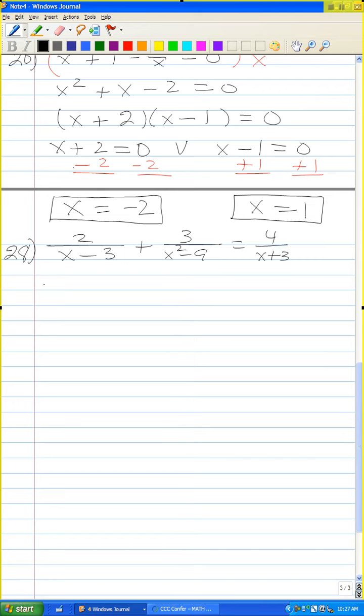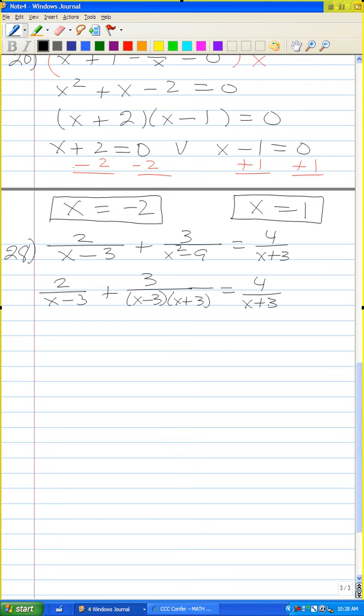Let me factor. I can write x squared minus 9 as the product of the sum and difference of two terms, using the special product formula, the difference of squares. So this is x minus 3 times x plus 3.